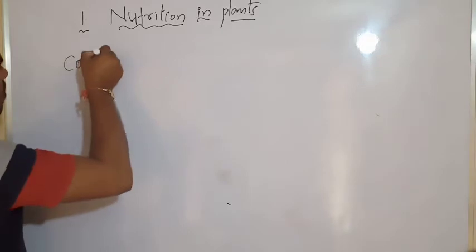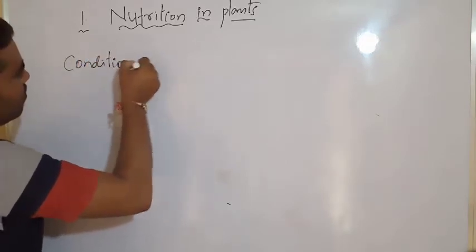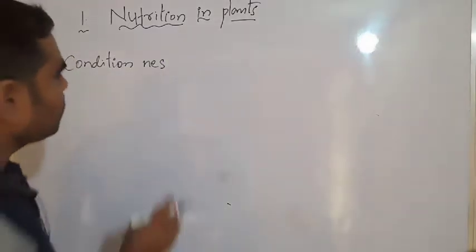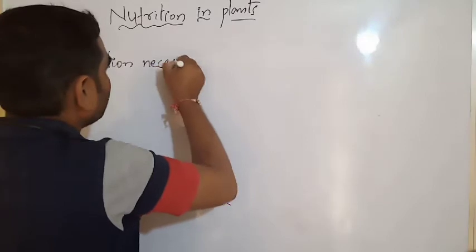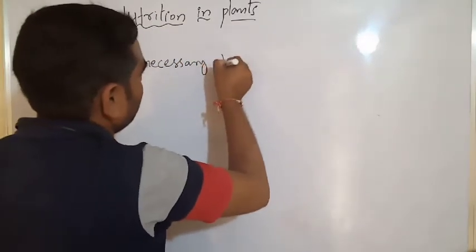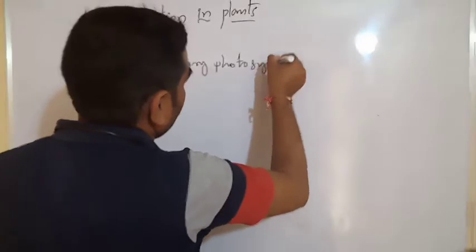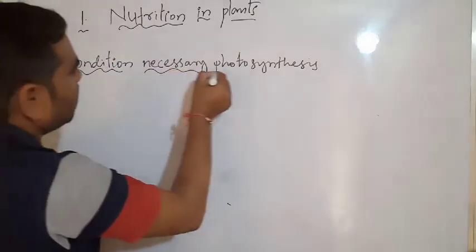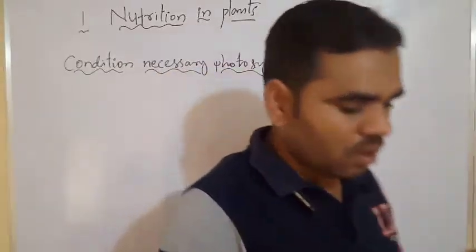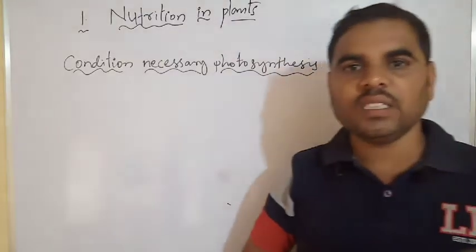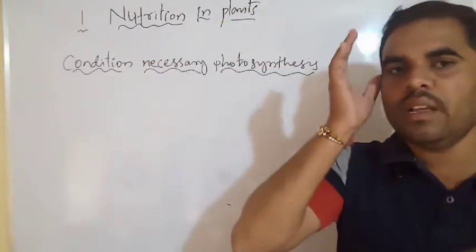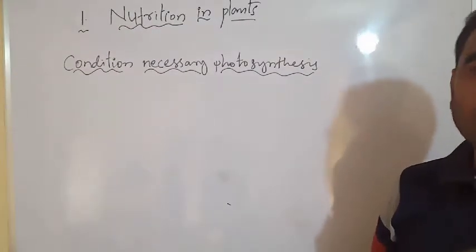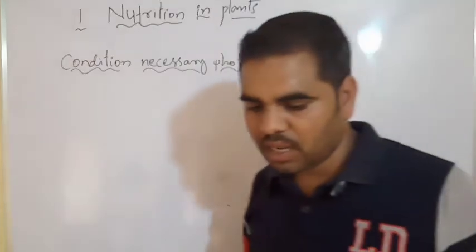Carbon dioxide is required, water is required, sunlight is required, and chlorophyll is also required.